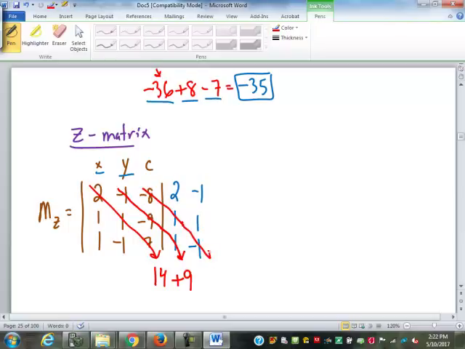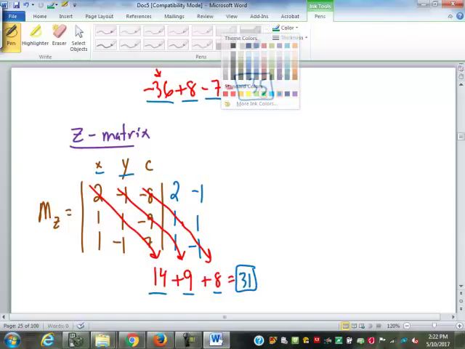And negative 8 times a negative 1, positive 8. So then we have to add up. 14 plus 9 plus 8. 31 is correct. Good.